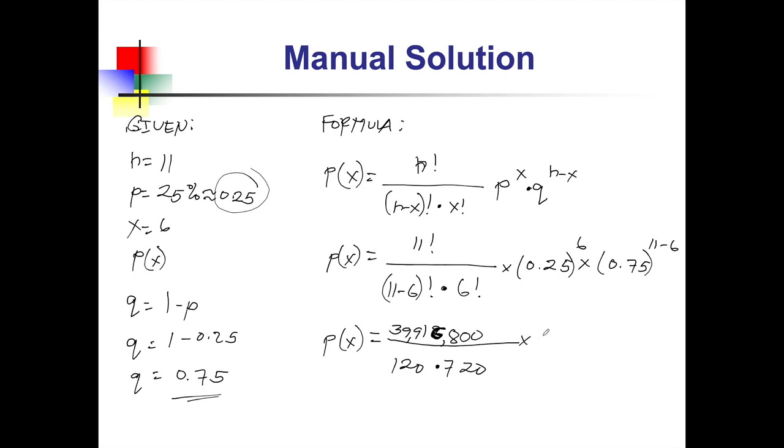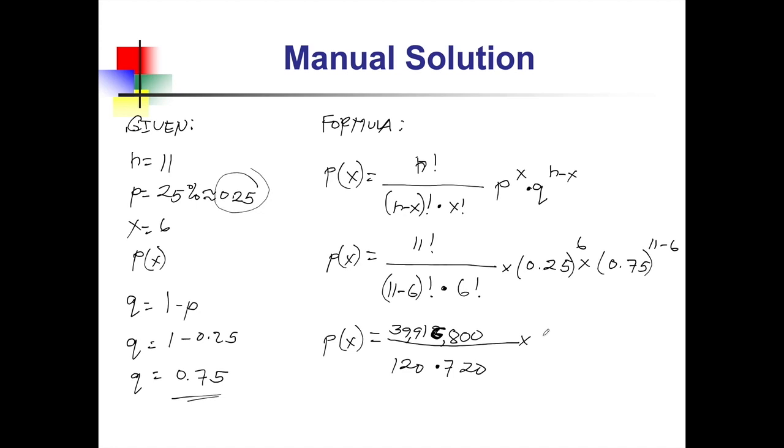I hope you know how to type an exponent on the calculator. It's easy. Just click the exponent function on the calculator, below the circular button at the center of your calculator. So, 0.25 raised to 6. Let's input this directly on the calculator.